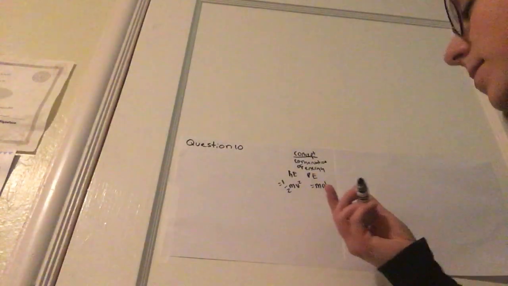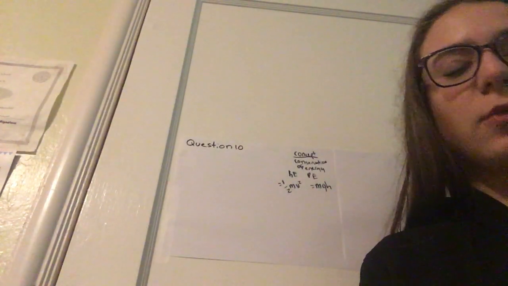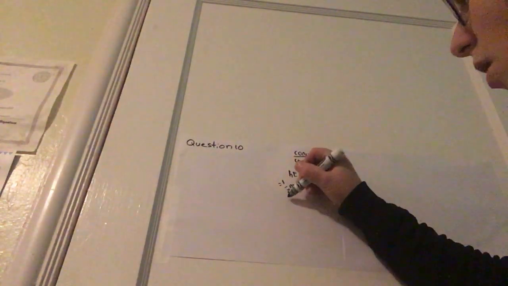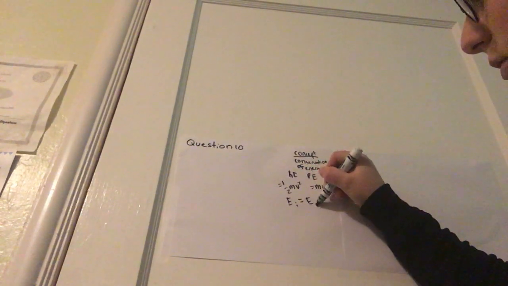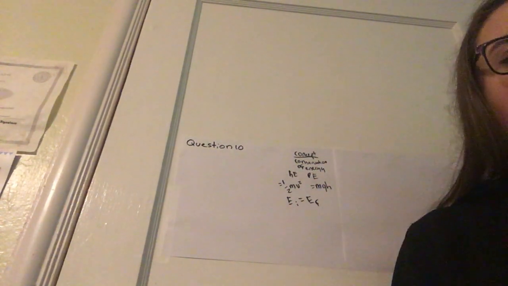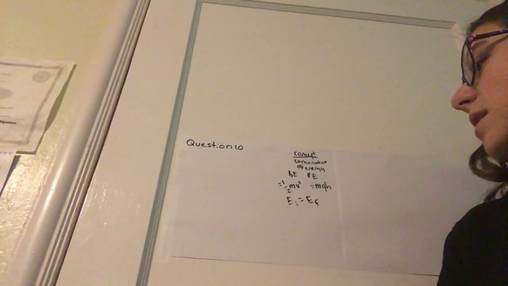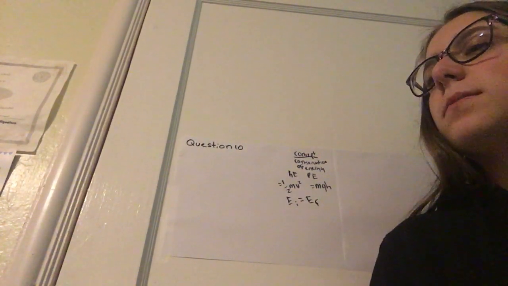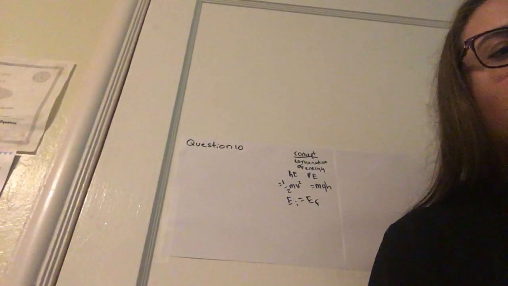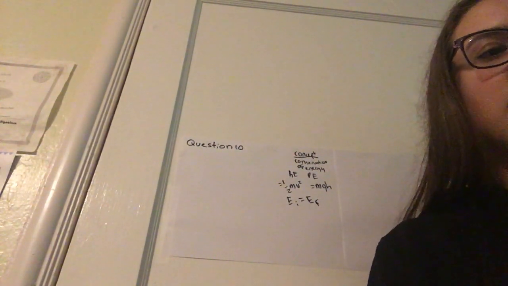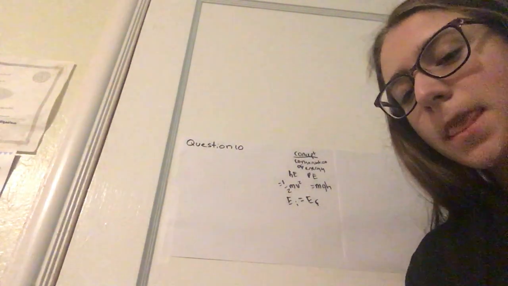But for this question, we are dealing with an isolated system, so the initial energy is equal to the final energy. Conservation of energy is going to be an important topic in this question. Okay, so now I'm going to read the question out loud.